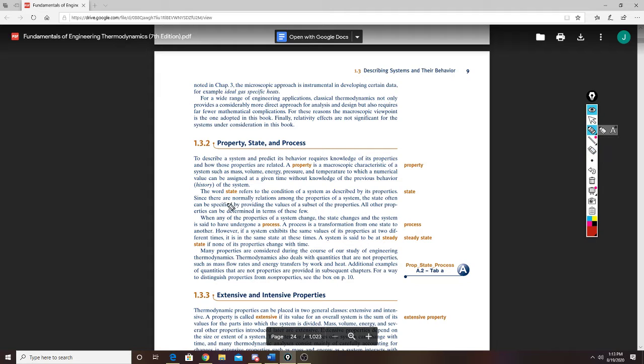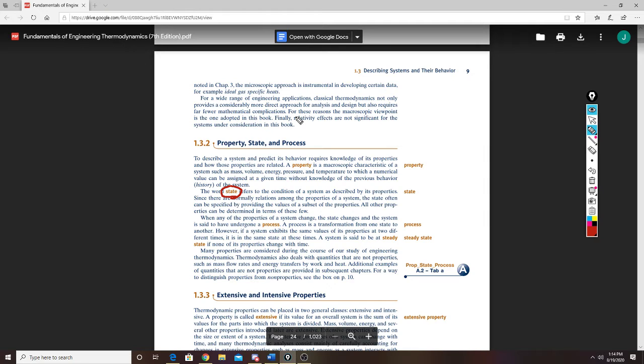And then we have the word state, right? In this instance, I think of a state as a step in a process.